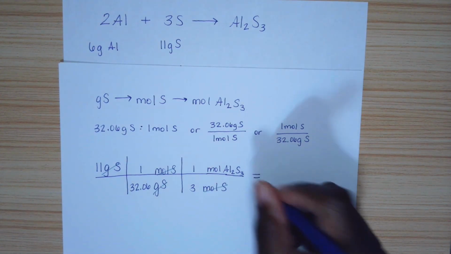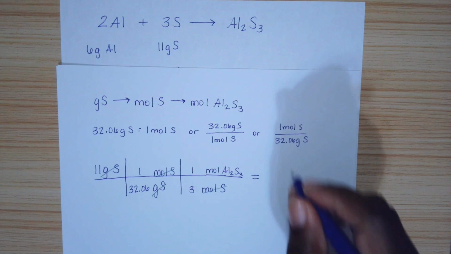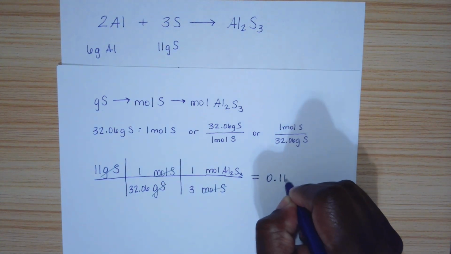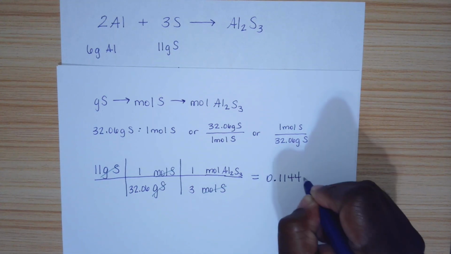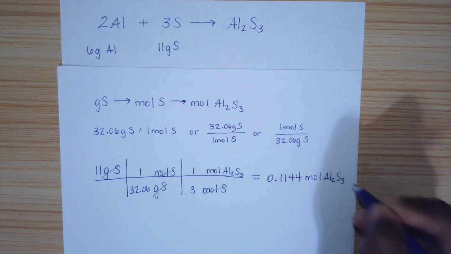From there, carry out your calculation. You have 11 times 1 times 1 divided by the product of 3 times 32.06. When you perform that calculation, it turns out that you have 0.1144 moles of product that would form.